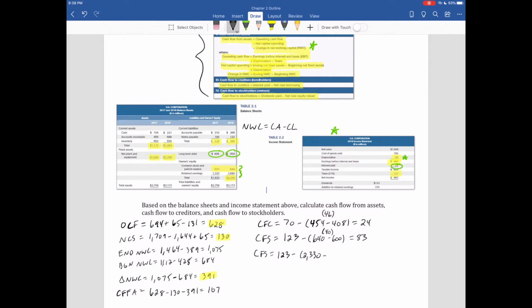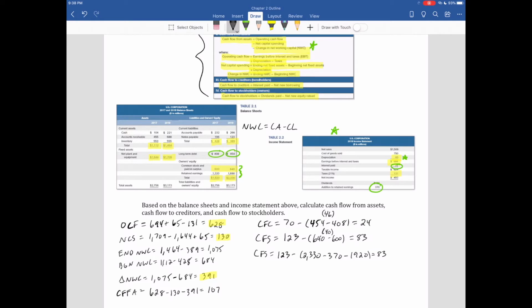So you would subtract that 330 or 370 over here from the income statement, minus the beginning stockholders' equity of $1,920. And you would still get the same value of $83 paid out to shareholders. So in totality, their net cash flow to stockholders was $83.